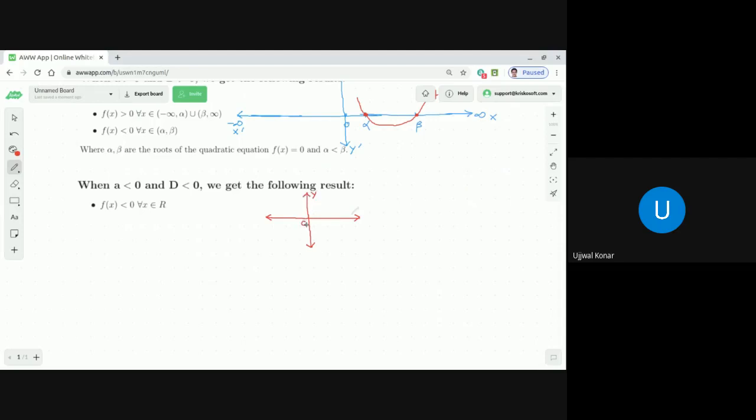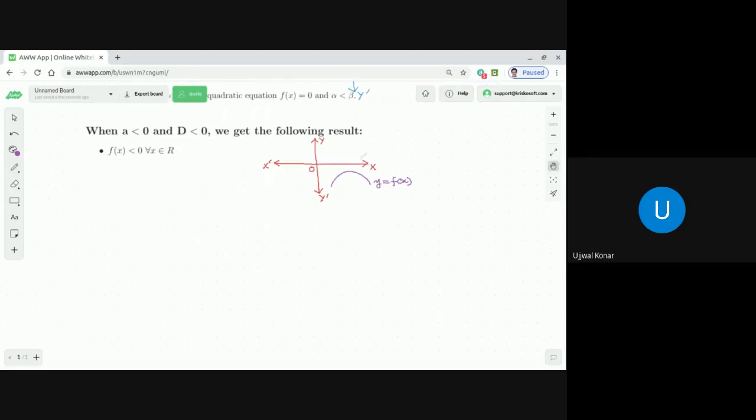This is the origin, this is y dash, this is x, o, x dash. Then what are we going to get? f(x) is less than 0. If I draw in a different color, the curve will be something like this. Y equal to f(x). Correct, no, dear students? Clear? I think it is very clear. There is no doubt here.